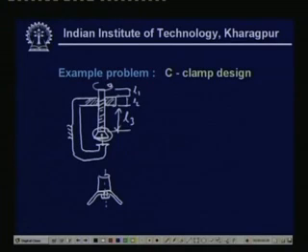First of all, if we designate x from this distance, then there will be the compressive stress. The compressive stress distribution is somewhat like this, the Nx, that is the normal force, and here are these distances L1, L2 and L3.